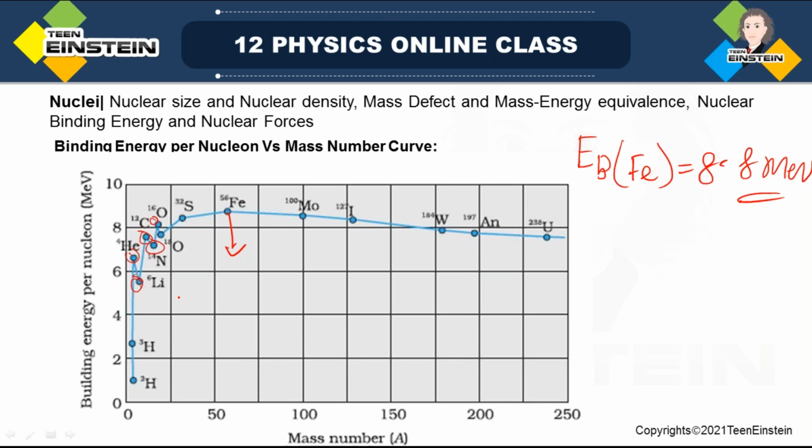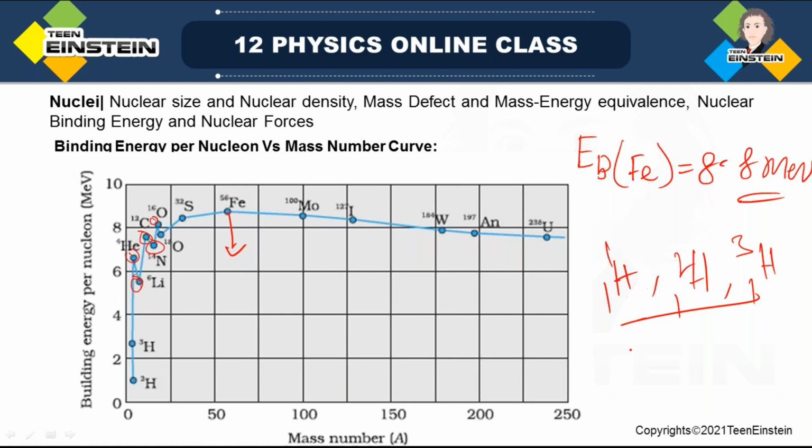Nuclei like protium, deuterium, tritium, even helium, are very light elements. For them the binding energy is very low, which means they are less stable. That's what we can infer from the curve.